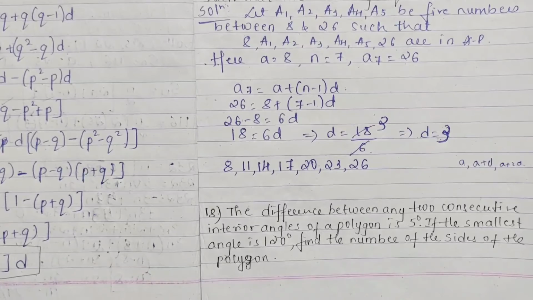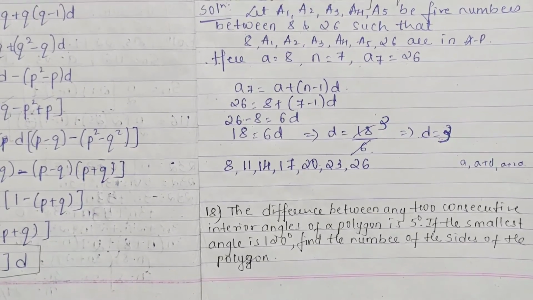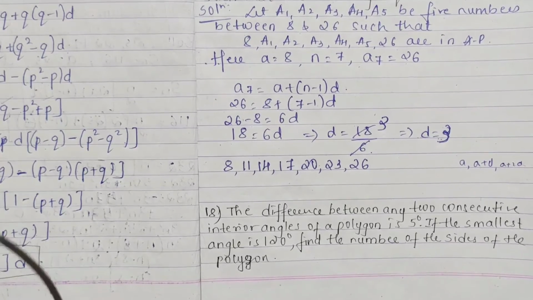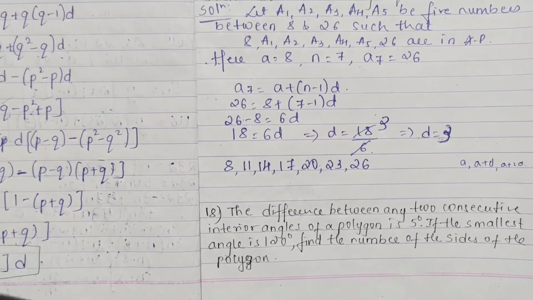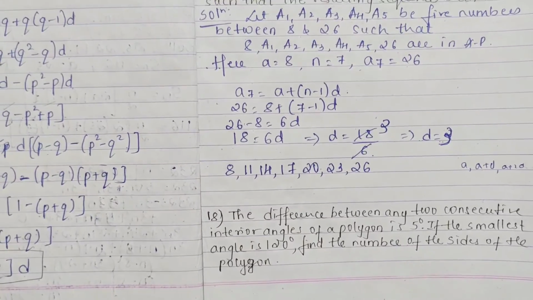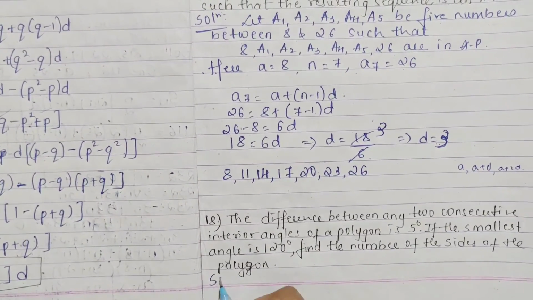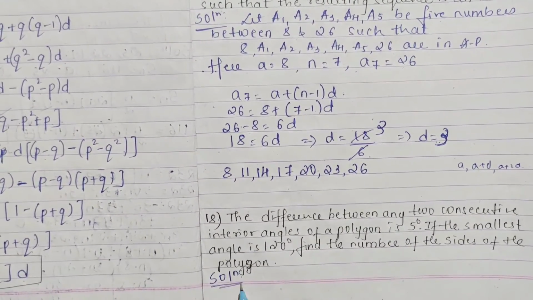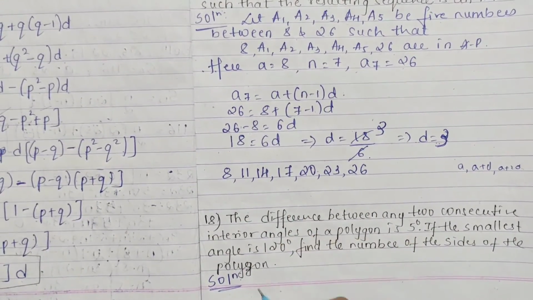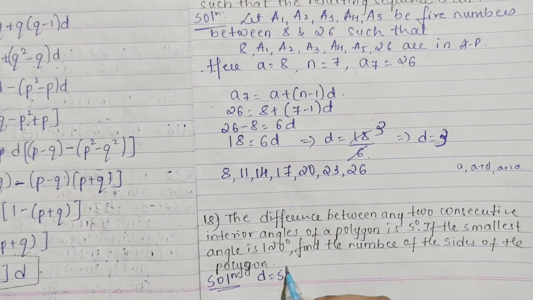The difference between any two consecutive interior angles of a polygon is 5 degrees. If the smallest angle is 120 degrees, find the number of sides of the polygon. So what is the question telling? The difference between any two consecutive interior angles of a polygon is 5 degrees, so D is given.